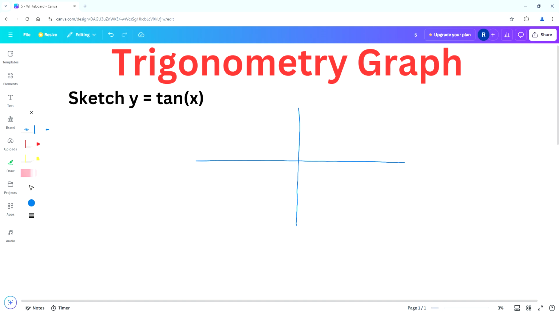One vertical asymptote for y equals tan x is at pi over 2. We can verify this by evaluating tan of pi over 2 in our calculator.